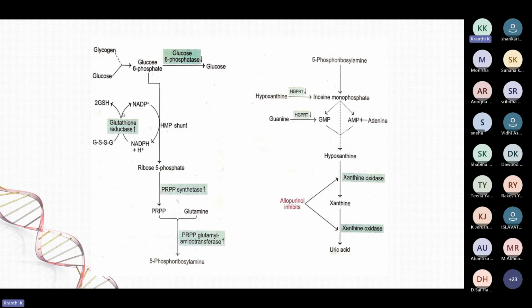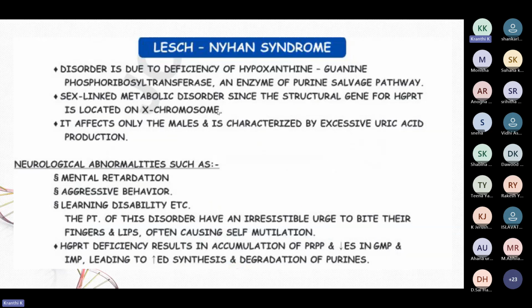Then glutathione reductase here also. If there is any problem with an increase of this enzyme, here PRPP synthetase, this enzyme, this enzyme, HGPRT, these enzymes also will lead to the primary gouts. Okay, when there is any problem in these enzyme secretions, then the primary gout will come.